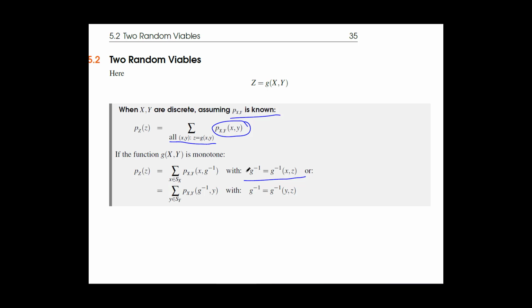So in this case, I could say y equals, or in this case, I could say x equals.